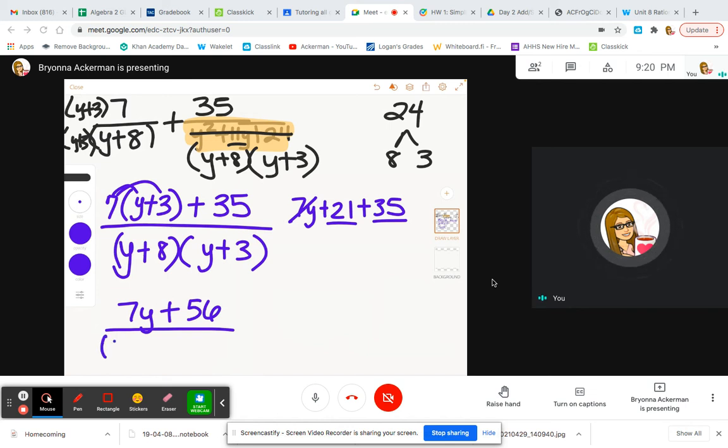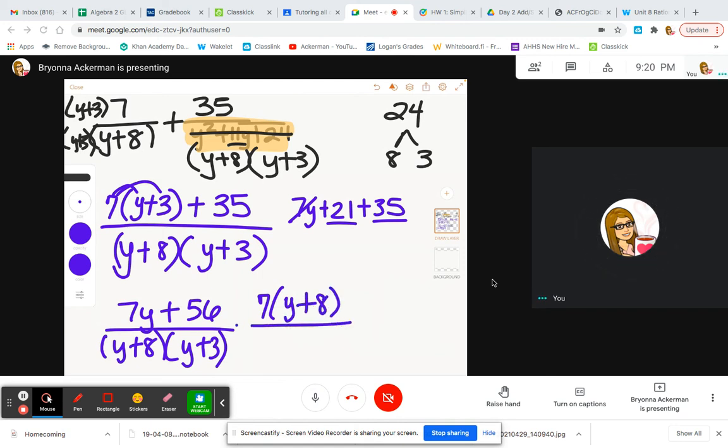You still have the y plus 8, y plus 3 on the bottom. Then we want to try and refactor after we've added. If we take out a 7 again, we're going to end up with y plus 8 here, which is good because we have a y plus 8 in the bottom.